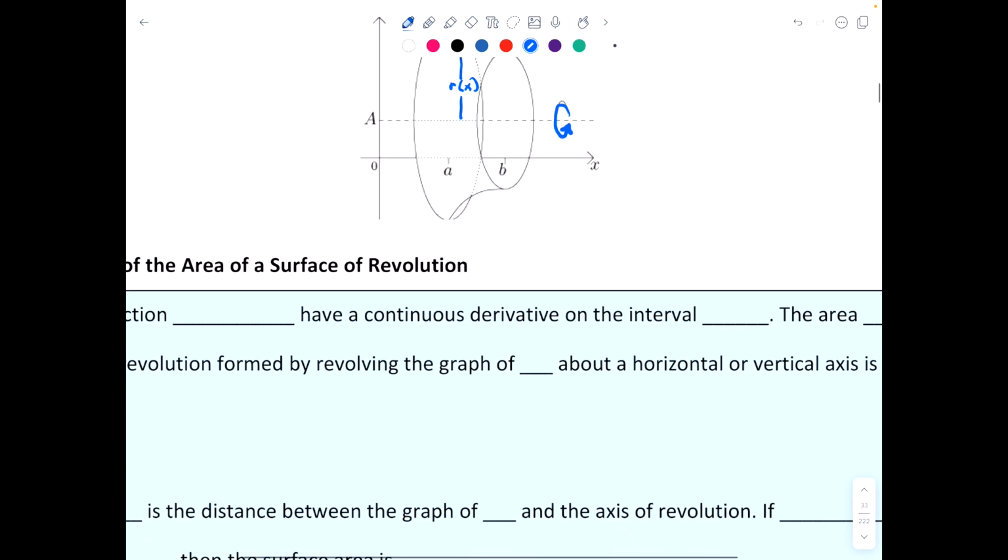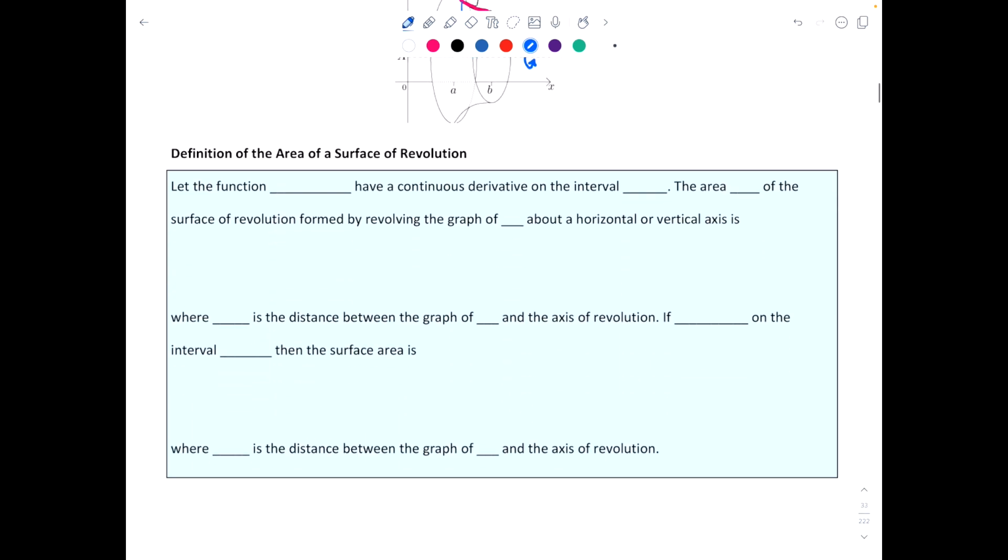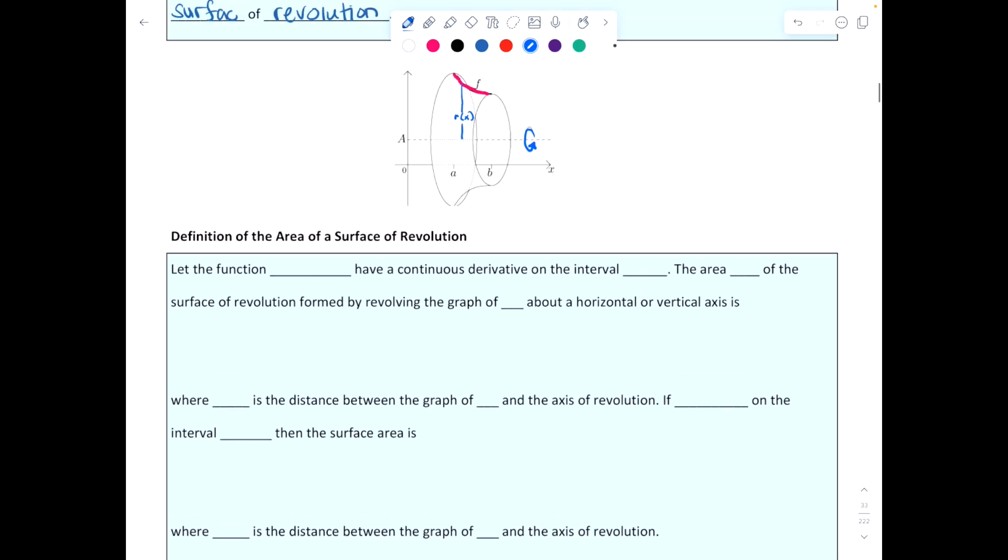All right, so definition. Let the function y equals f of x have a continuous derivative on the closed interval from a to b. The area, capital S, of the surface of revolution formed by revolving the graph of f about a horizontal or a vertical axis, all right? So it can be horizontal or vertical, but if it's a function of x, you're going to use this formula.